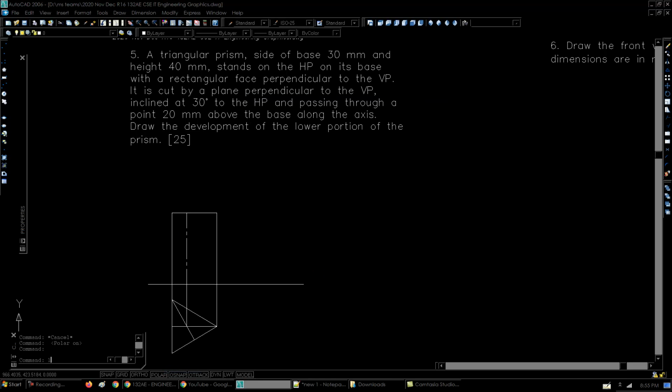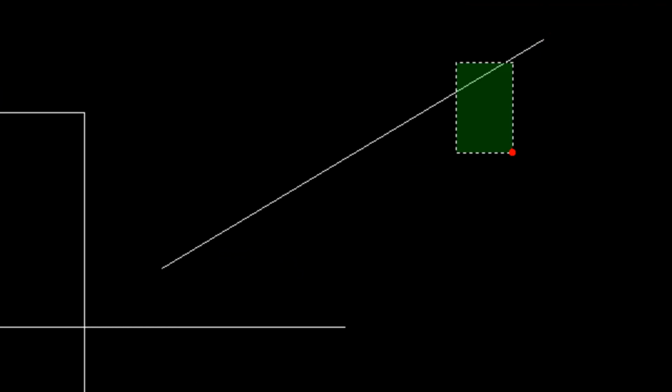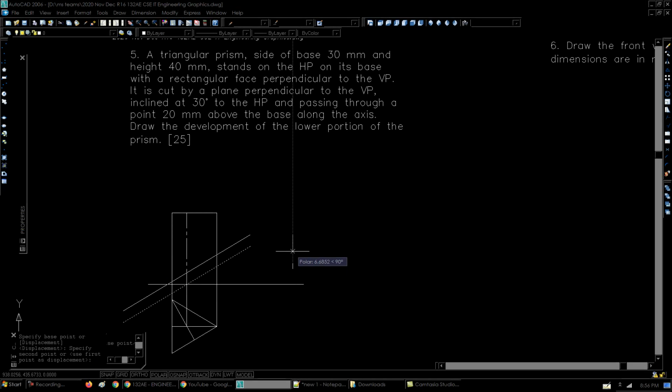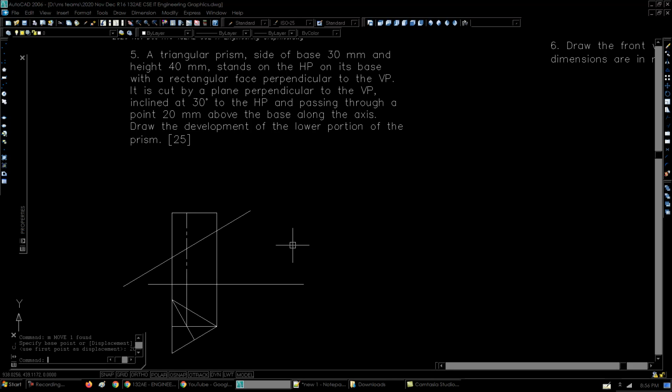Now I'll take a line command, and at 30 degrees I will just draw a random line. The midpoint of that I will first place at the bottom end of the axis. Then I'll just move it up by a distance of 20. So this is the easiest method to get the section.